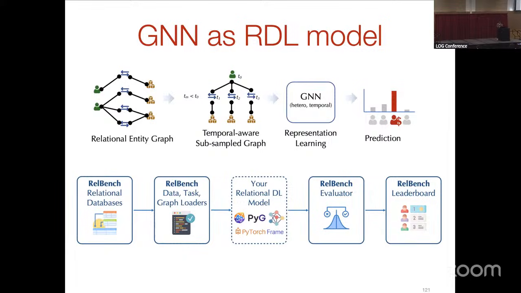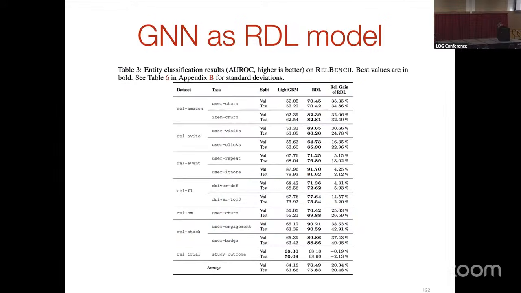Towards the later part of this tutorial, we have a hands-on demonstration that implements this GNN as an RDL model, and we will show the complete pipeline present in this slide in a Colab notebook towards the end of this tutorial. So stay tuned. But I'll come to the results now.